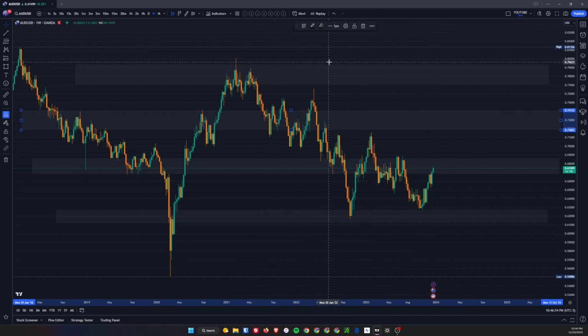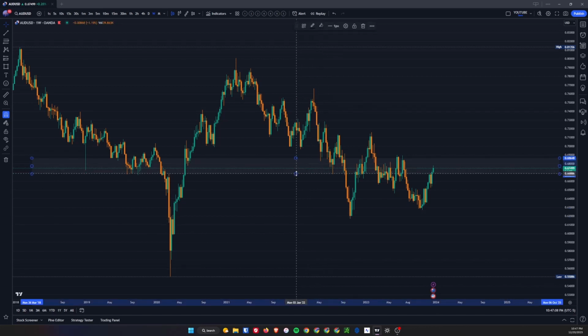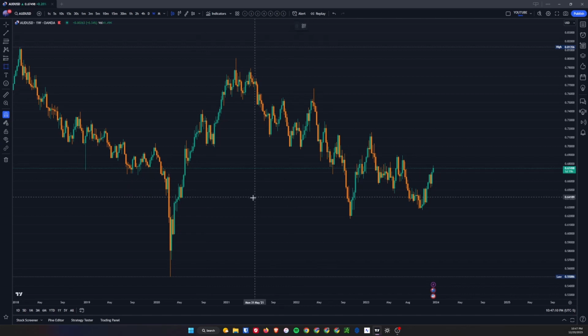But since my goal is to trade intraday, the only levels that are really super important to me that I would pay attention to are these levels.